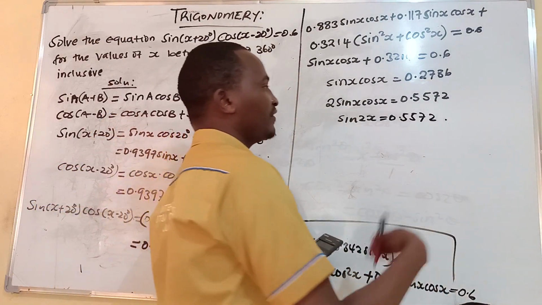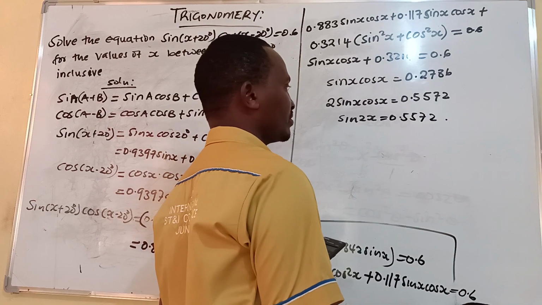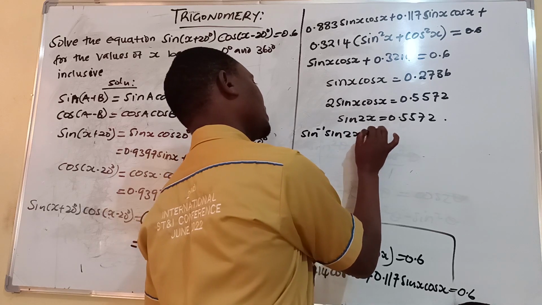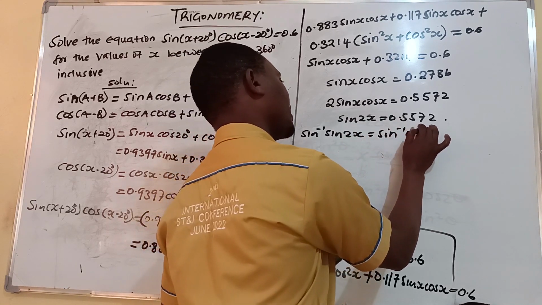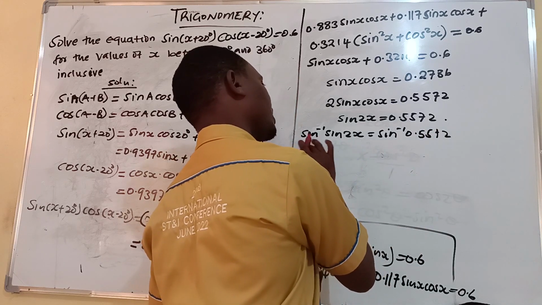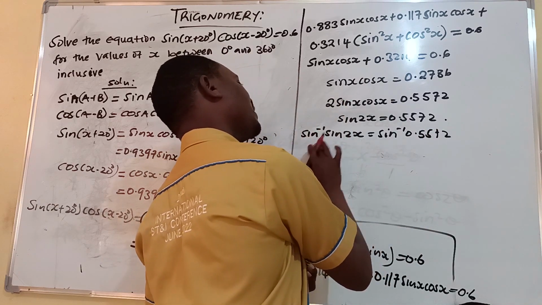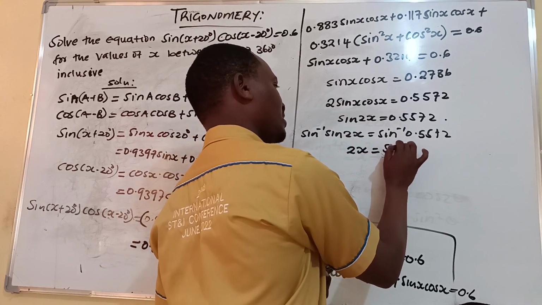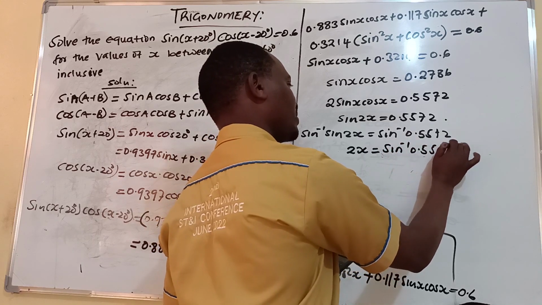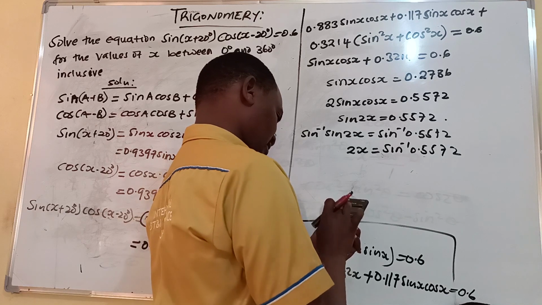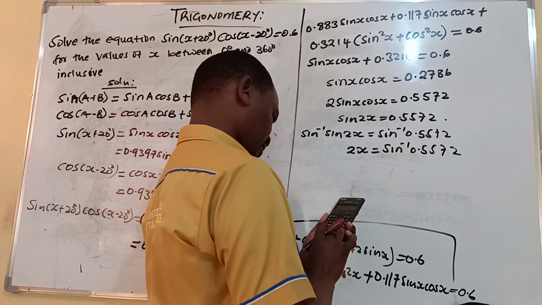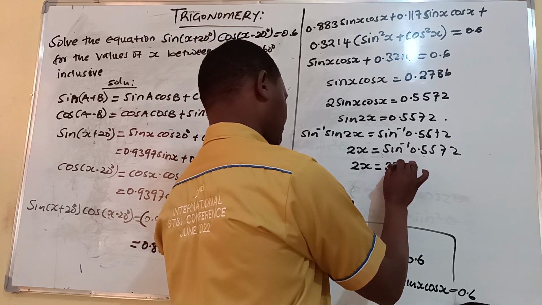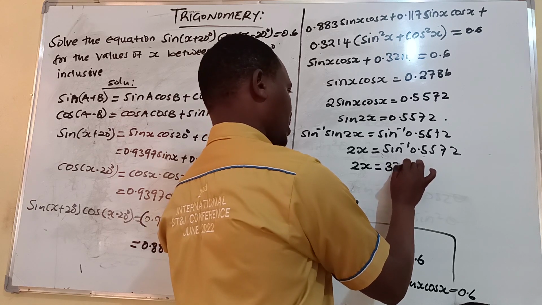Now, if we apply sin inverse on both sides, sin inverse of sin 2x is equal to sin inverse of 0.5572, so you cancel to get 2x is equal to sin inverse of 0.5572. From the calculator, 2x is equal to 33.86 degrees.